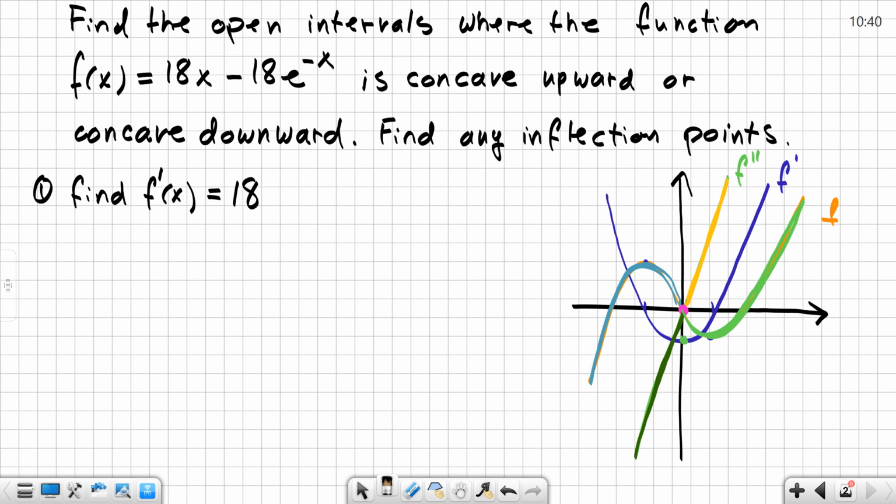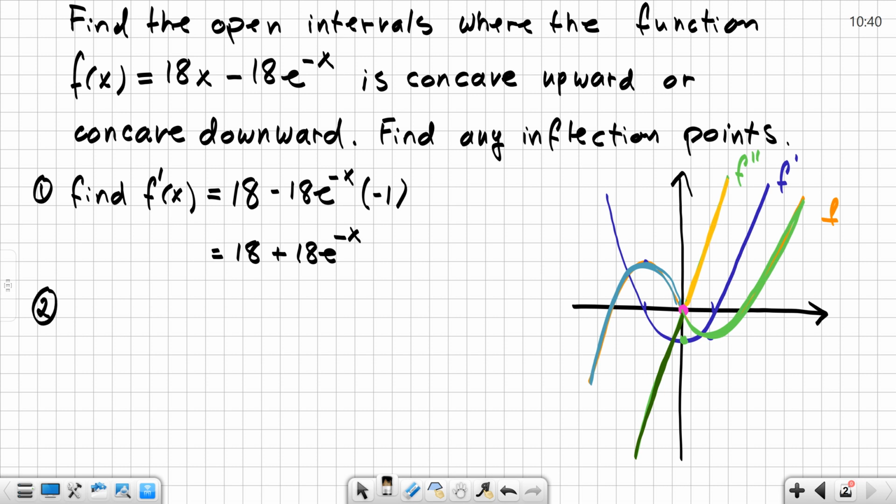The derivative of negative 18 times e to the negative x, I will have to use the chain rule, which says it's going to be negative 18 times e to the negative x multiplied by the derivative of negative x, which is negative 1. So in other words, I have 18 plus 18 times e to the negative x.